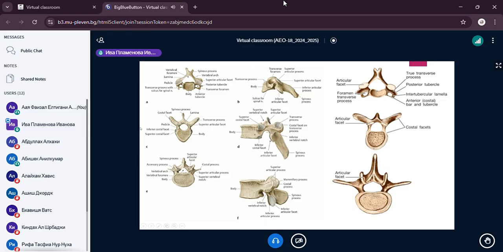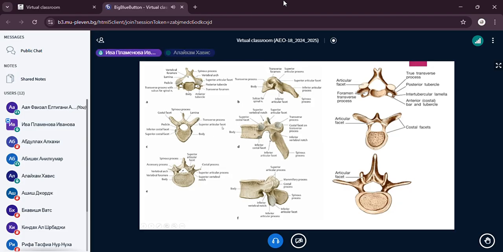Cervical, thoracic, lumbar, sacral? What do you think? This one here. Cervical? This C one or here. A? This is A or no, this is C. Okay. No, I ask you to tell me what's the type of this vertebra here. Do you see my mouse? Yes. So, what do you think?